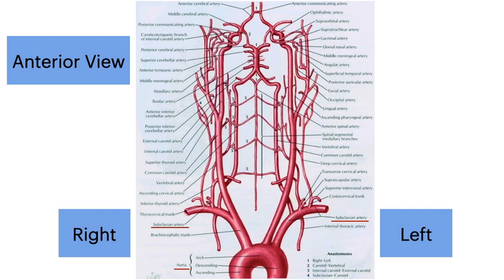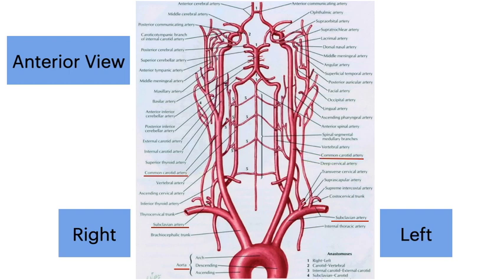Here are the subclavian arteries on the right side and on the left side. Note that the right and left sides are not symmetrical. The right subclavian artery derives from the brachiocephalic trunk, while the left subclavian artery originates directly from the aortic arch.